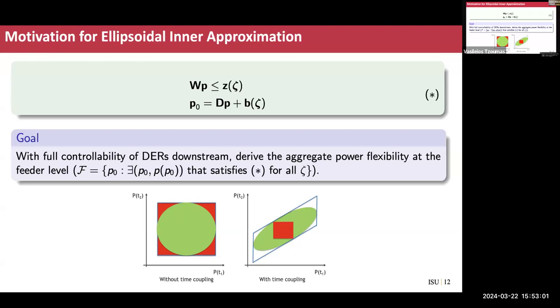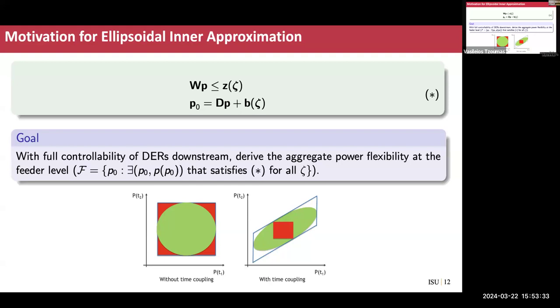But we know intuitively, from the aggregated device characteristics, that there's time coupling. So the flexibility you have in time instant 1 will affect your flexibility in time instant 2. So what we end up having is a flexibility region that is shifted, that is not a coordinate-aligned square.